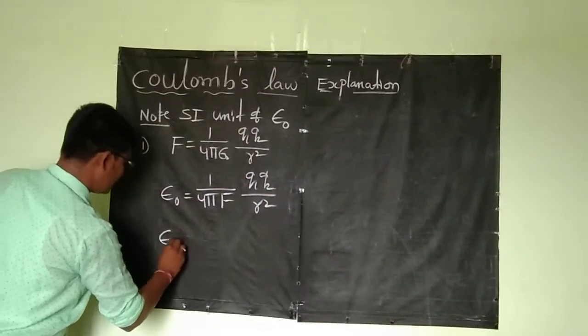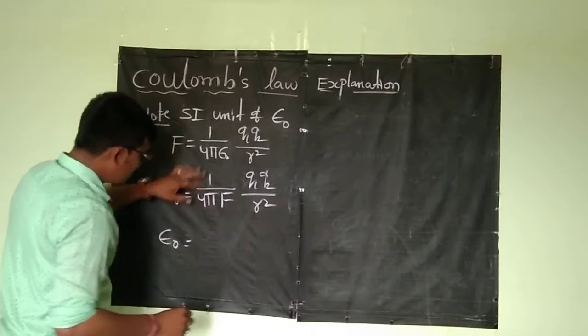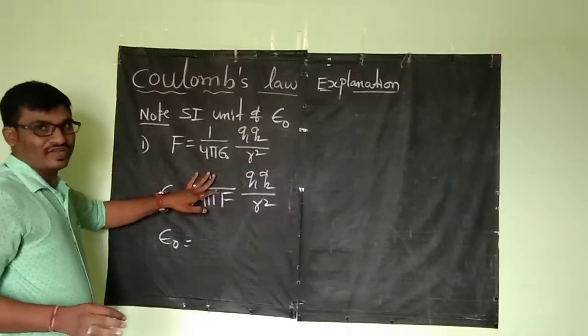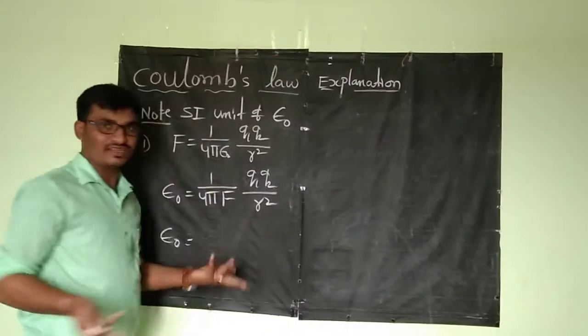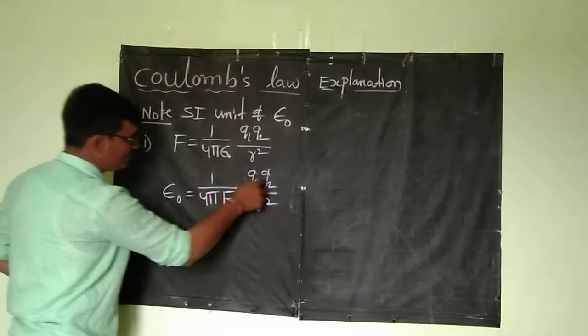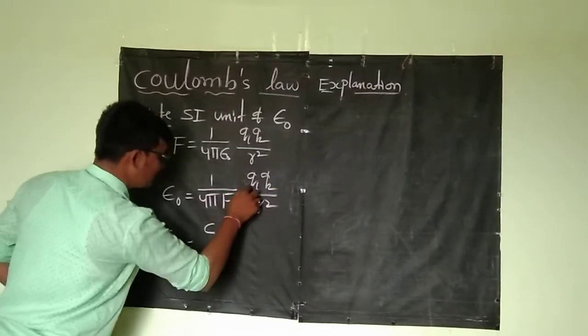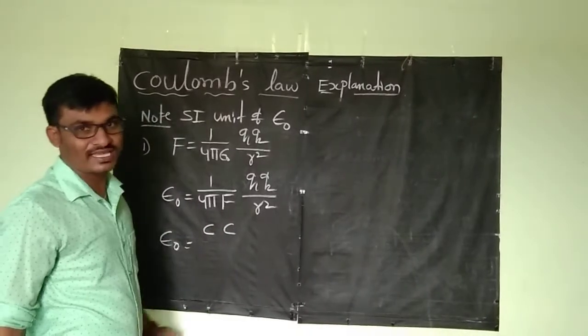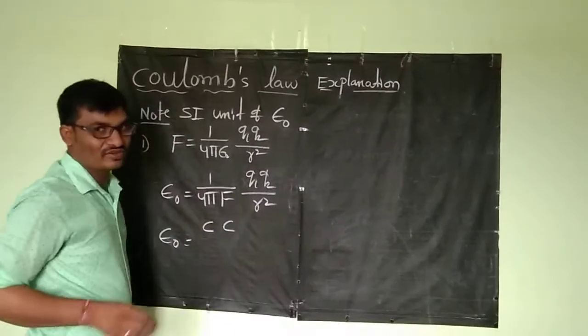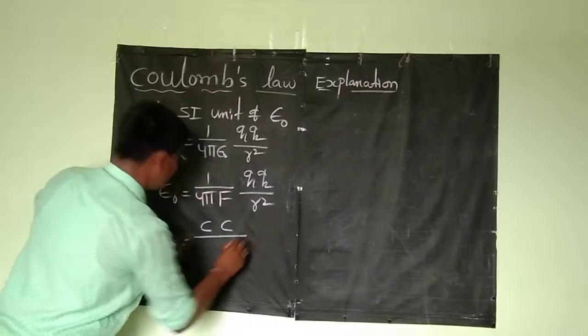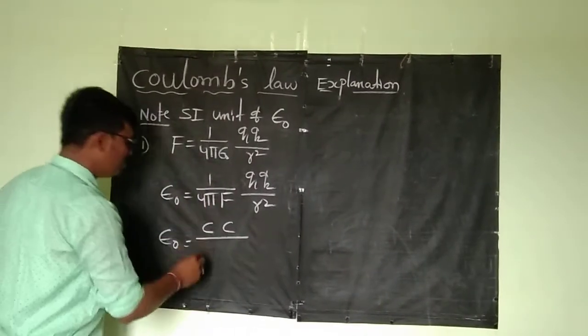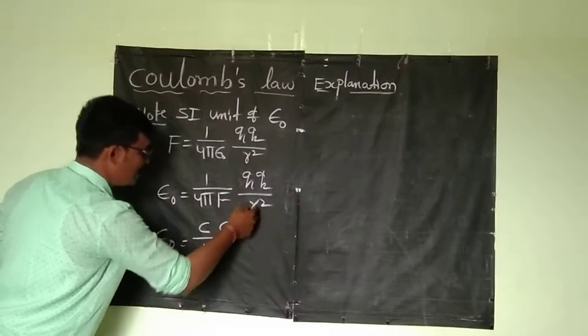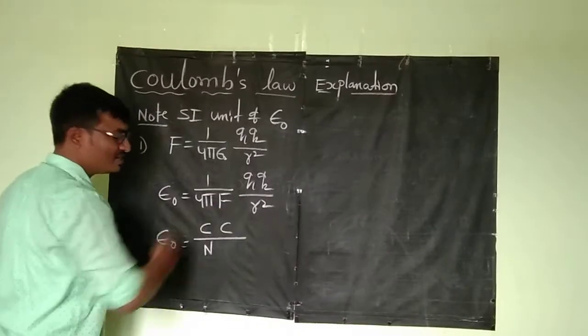Here 1 by 4 pi is a constant value, dimensionless as well as unitless. One charge is in Coulomb, another charge is also in Coulomb, because the SI unit of charge is Coulomb, as we discussed in the previous video. The force unit is Newton.